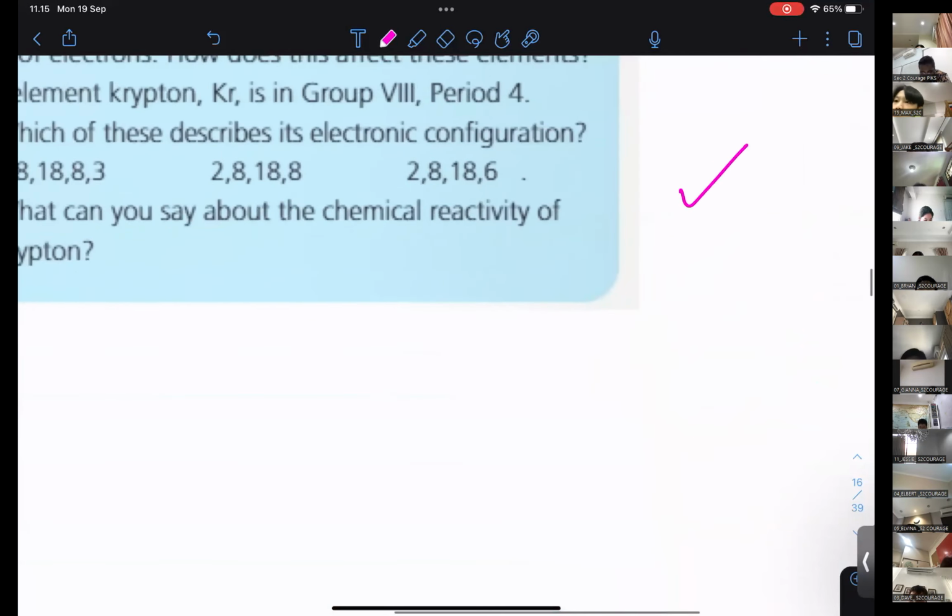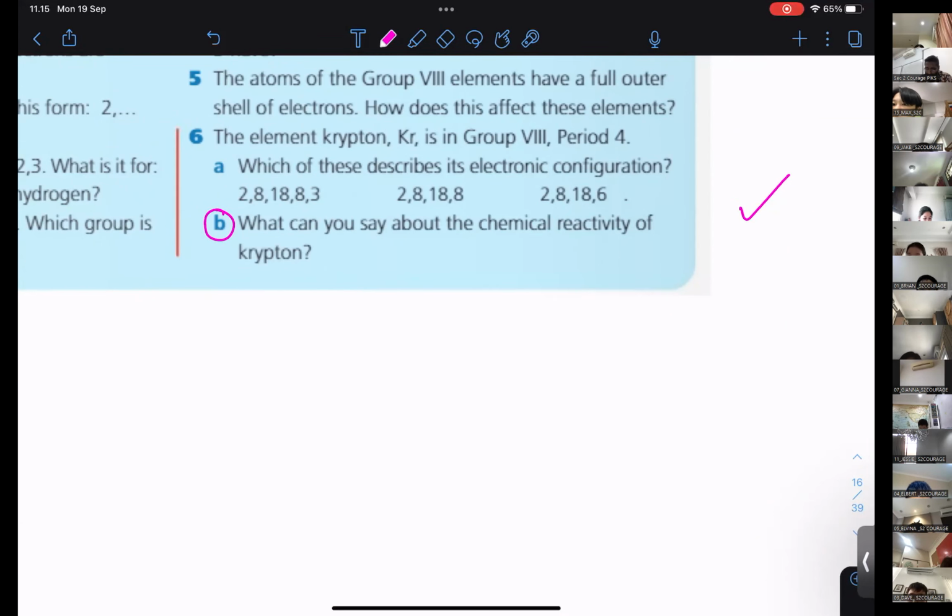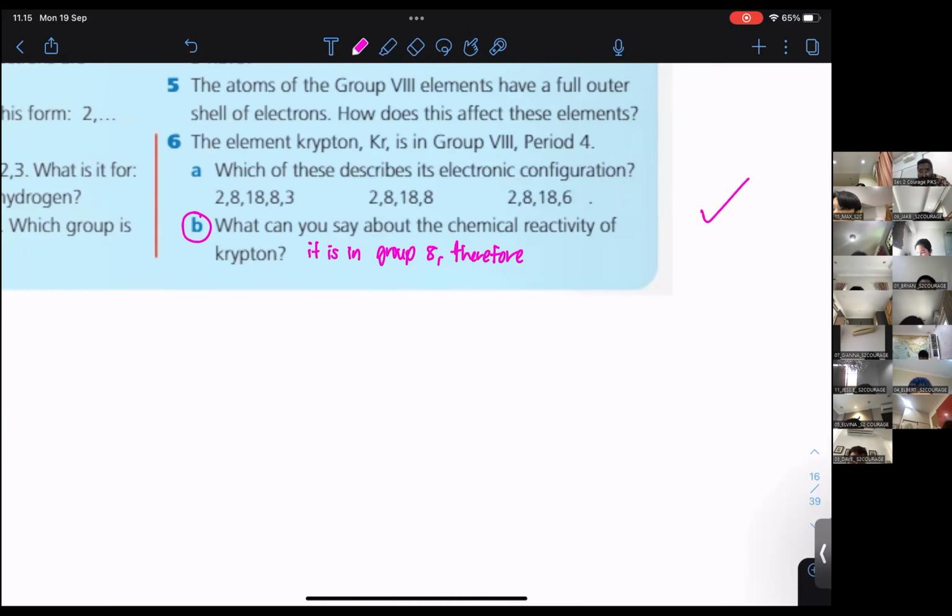Albert, what do you answer? It is in group 8. Therefore, what? Albert. It is noble. Noble is the name. It's a noble gas, but you need to tell about the chemical reactivity. So therefore it is unreactive.